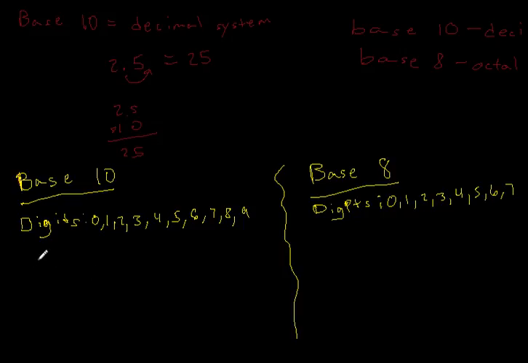So for base 10, let's take a look at a number such as 4,316. We'll call this our decimal system.